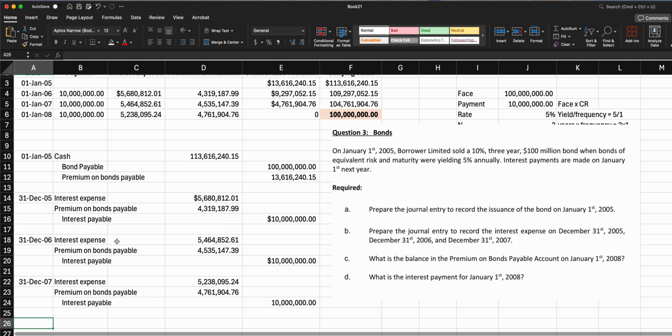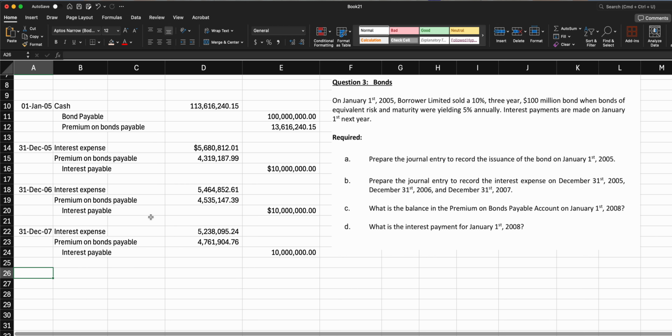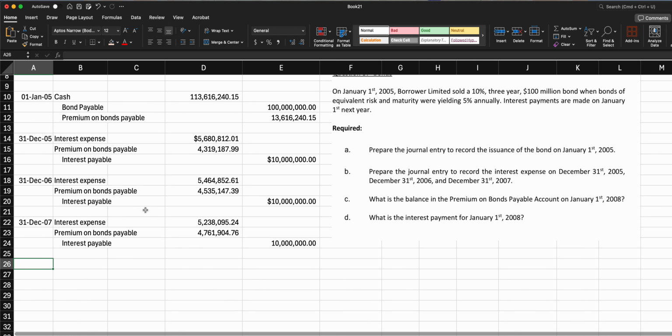Now here, let's take it a step further. Let's actually record that payment, and let's record the repayment, okay, the repayment of the bond. So on January 1st, 2008, first of all, we would pay the interest. So you would debit interest payable for 10 million and you would credit cash for 10 million. So I'm repaying it. Now, why is it interest payable? Because the day before, you recorded that payable.